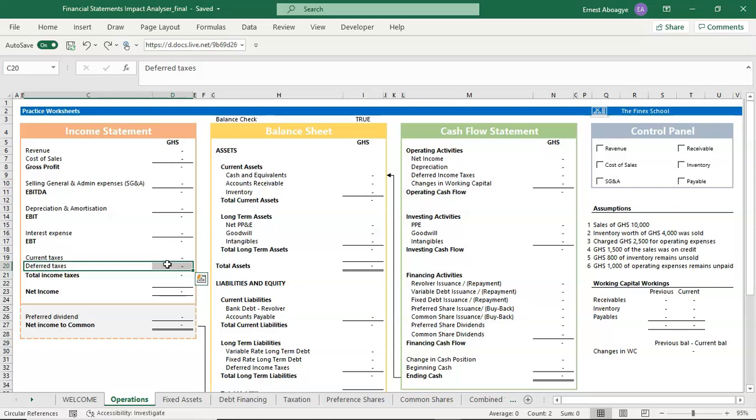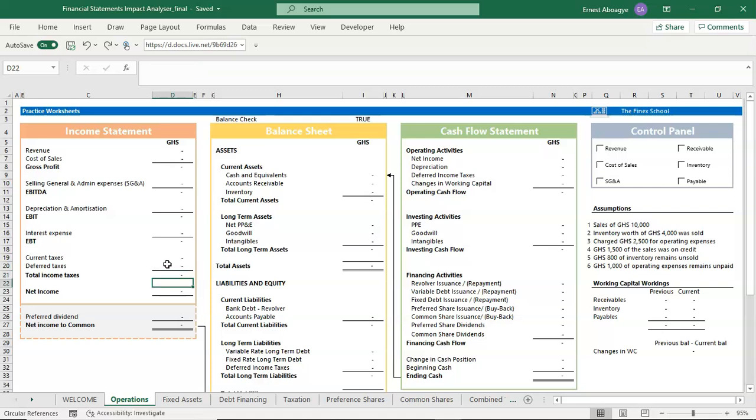It's just a temporary difference that causes deferred taxes, and purely is due to government taxes being different from our accounting taxes. Now, when you sum these two, the current taxes and the deferred taxes, you get the total income tax charged to your income statement.